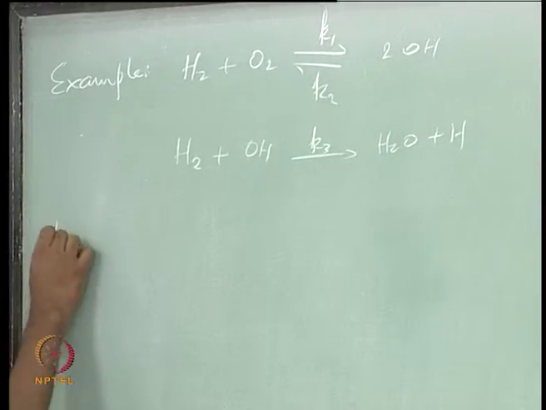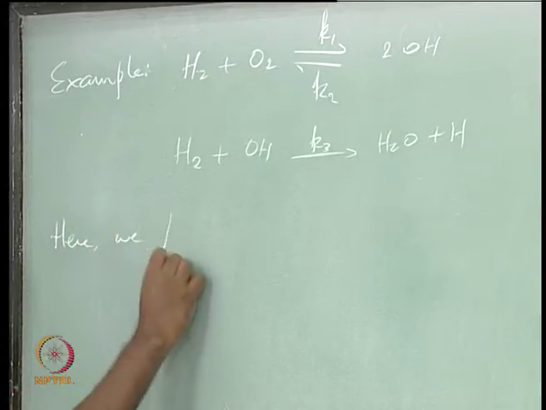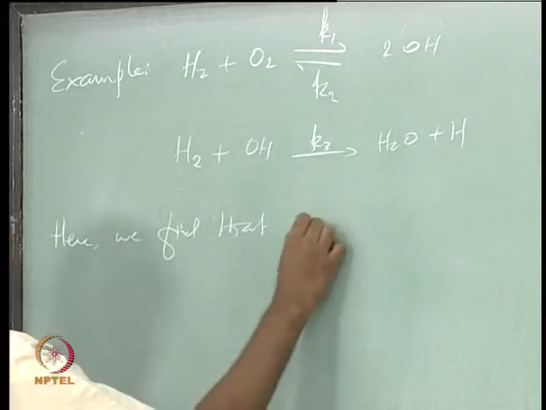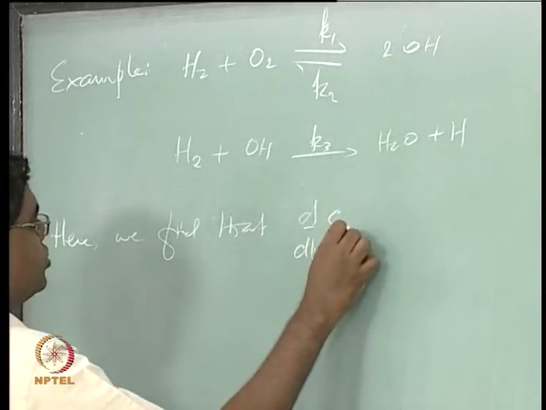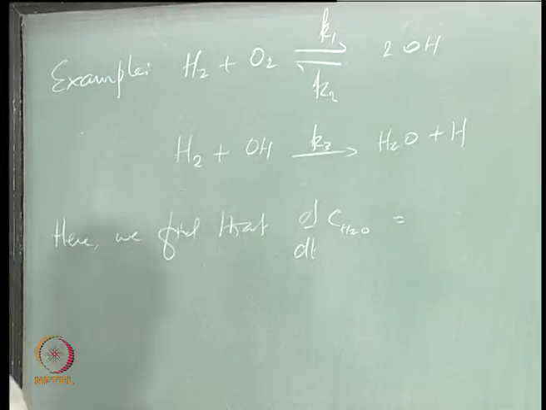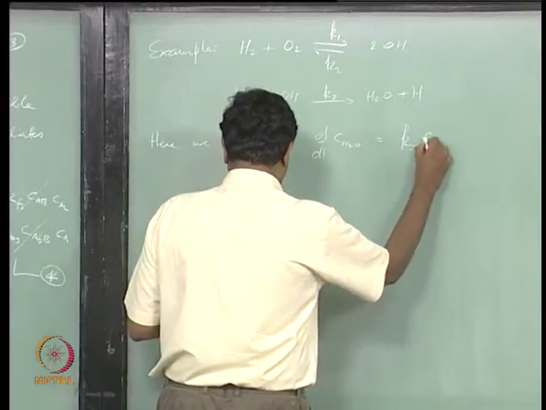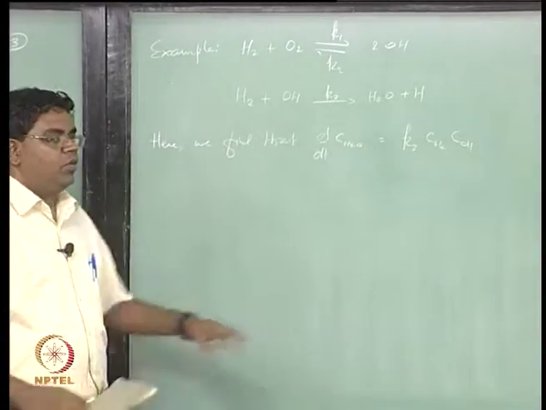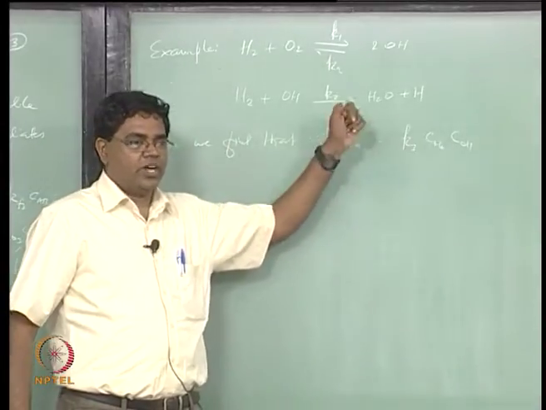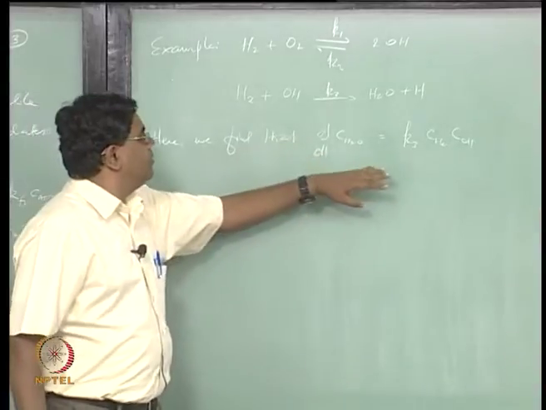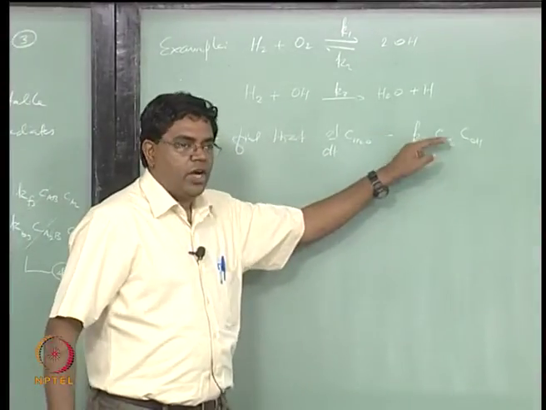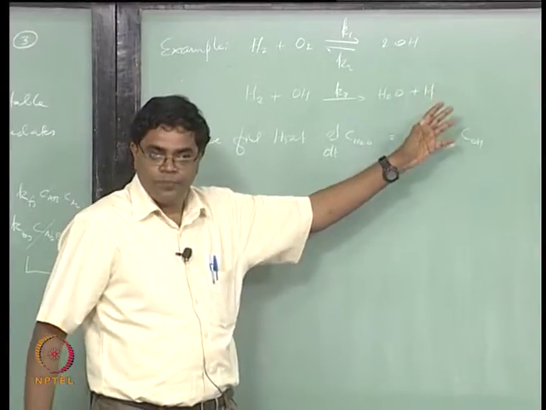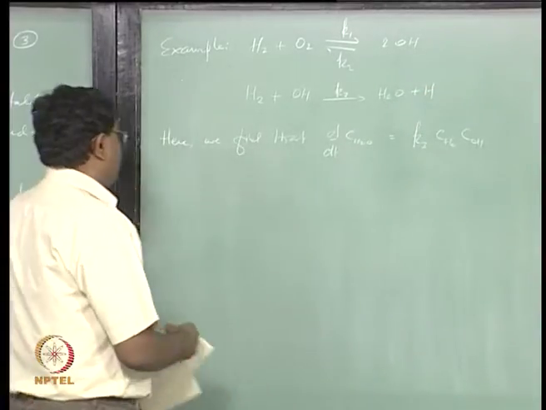So here we find that d over dt of CH2O equals K3 CH2 COH, and I don't like COH sitting there. H2 is already there. I would like to express COH in terms of H2 and O2, that's permissible, right, that's what I want to do.